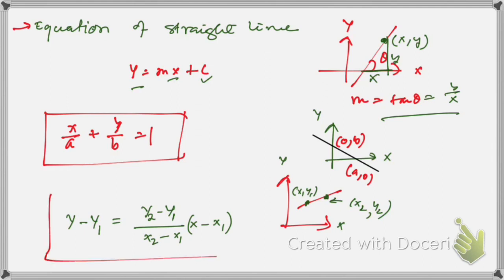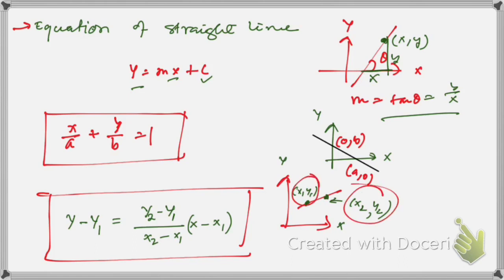So this is also the equation of a straight line passing through two given points.